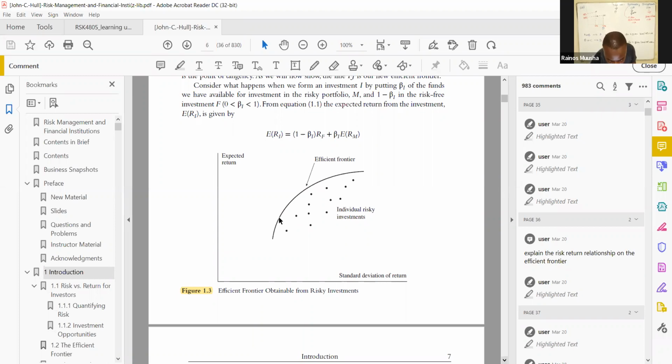So the portfolios which are found along the efficient frontier are the portfolios that you'd want to invest in, not portfolios which are found within the efficient frontier. Because the portfolios found within it are not able to maximize the return for a given level of risk, and they are not able to minimize the risk for a given level of return. Are we on the same page?